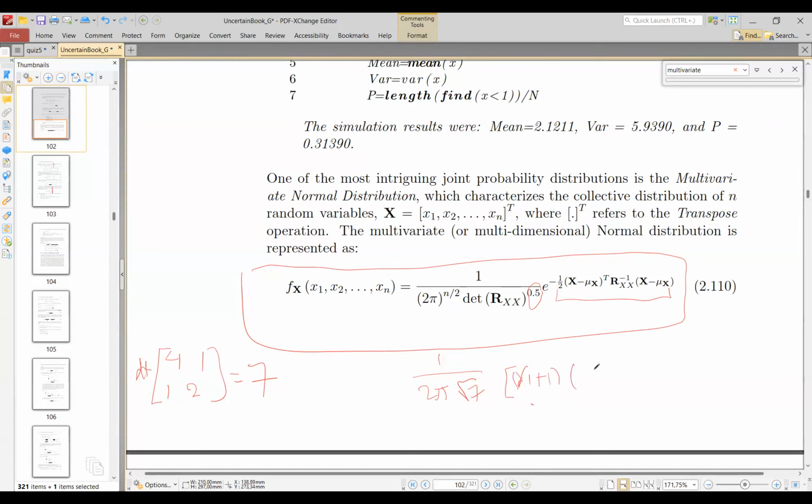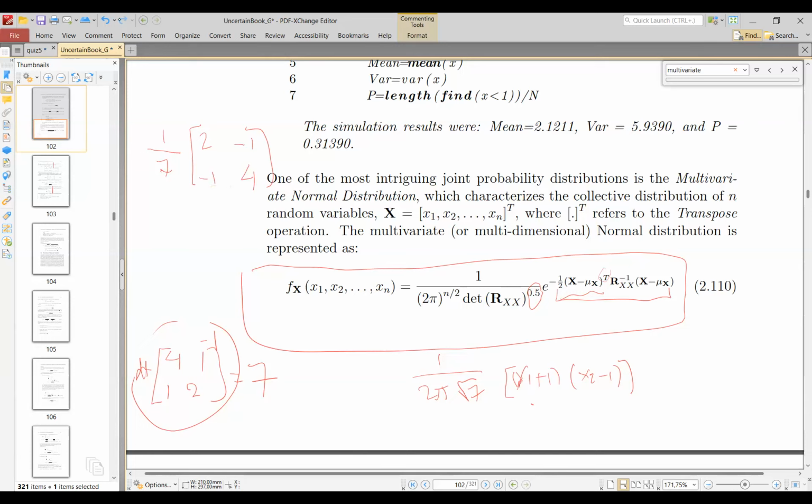The inverse of a 2 by 2 matrix, I also gave last lecture. So it will be 1 divided by the determinant of the matrix. Then you swap the main diagonal, so this will be 2 and this will be 4, and you take the negative sign for the off diagonal. So this will be the inverse matrix.